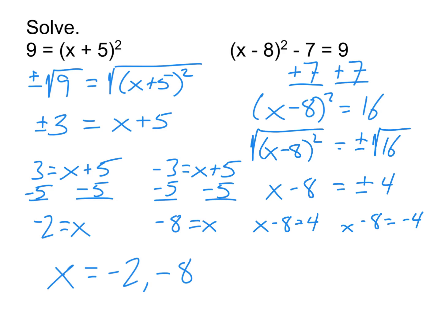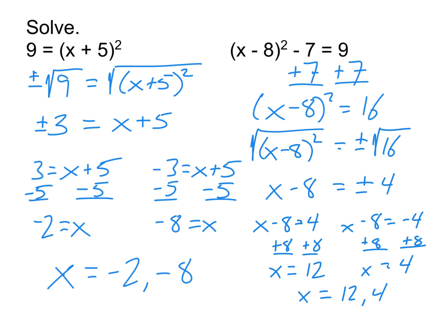And then for both of those, I'm going to add 8 to both sides. It looks so short at the start, and yet we end up having to do so much. So x equals 12, and x equals a positive 4. So those are our two answers, 12 and 4.